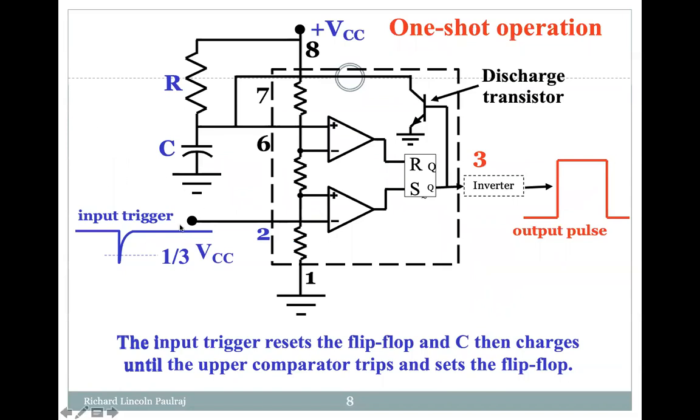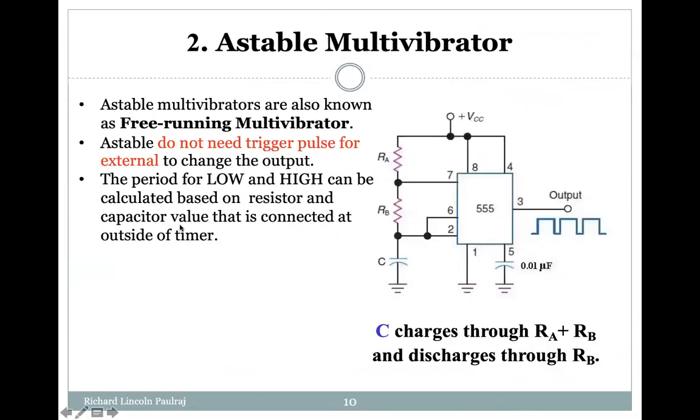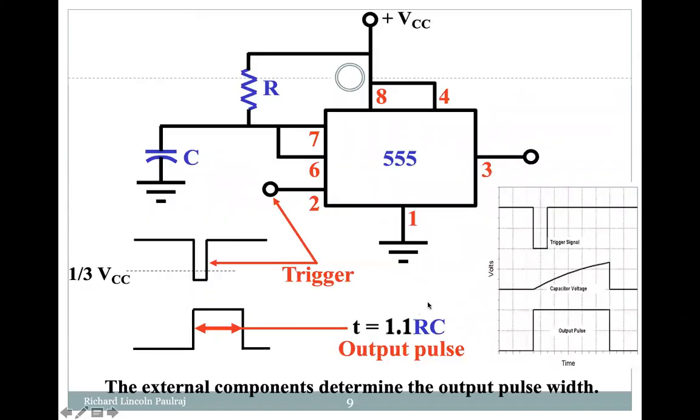Astable does not require any trigger, as I mentioned previously, to change the output, and the periods for low and high can be calculated based on the values of resistors and capacitors. Remember the time constant we looked at previously: RC, also referred to as tau, is the time constant of the values of R and C.